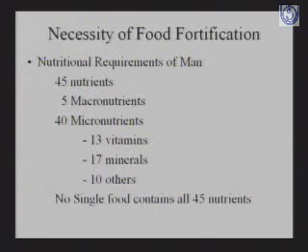As you see, regarding the nutritional requirement of man, 45 nutrients are required in our food, and no food is perfect. Even though we say milk is perfect, it is not. Milk does not provide all the 45 nutrients. So either we have diversified food, or we can fortify our food with nutrients. There are 5 macronutrients and 40 micronutrients, including vitamins and minerals.